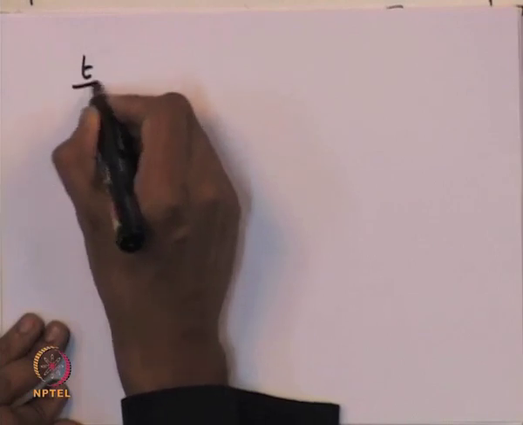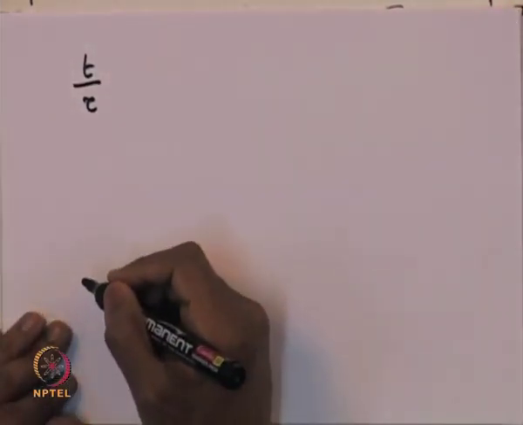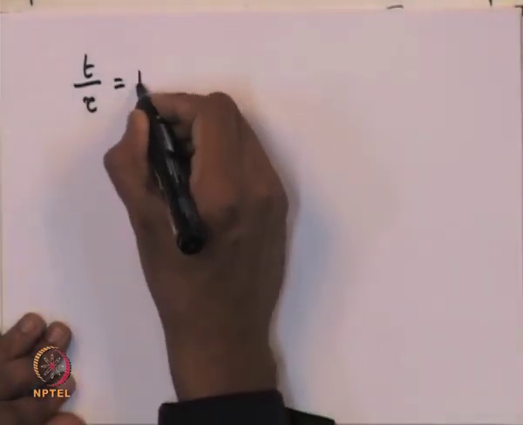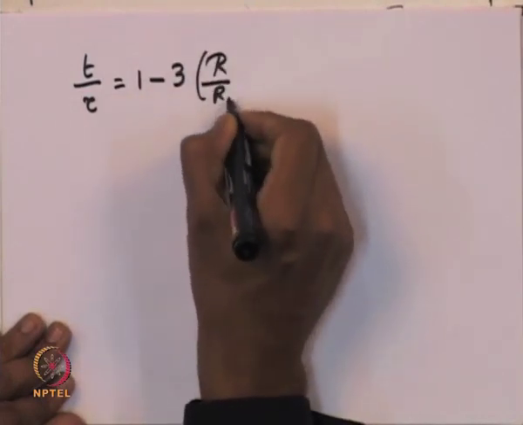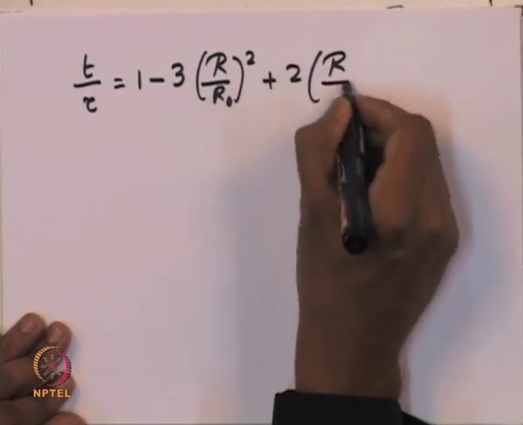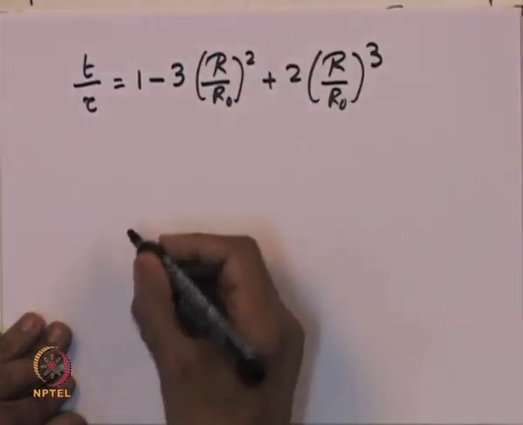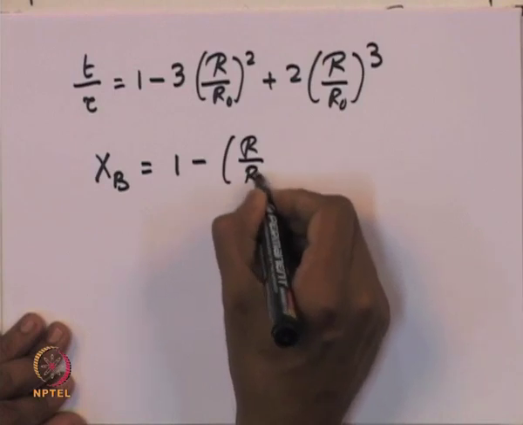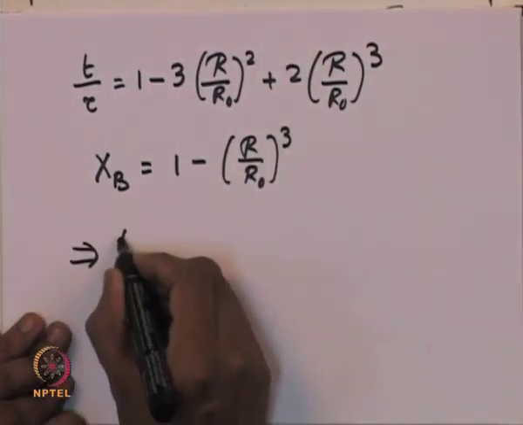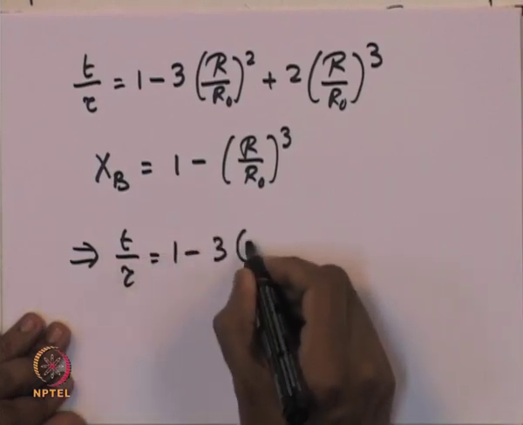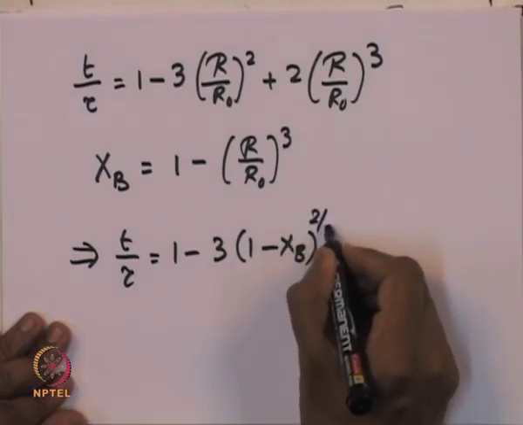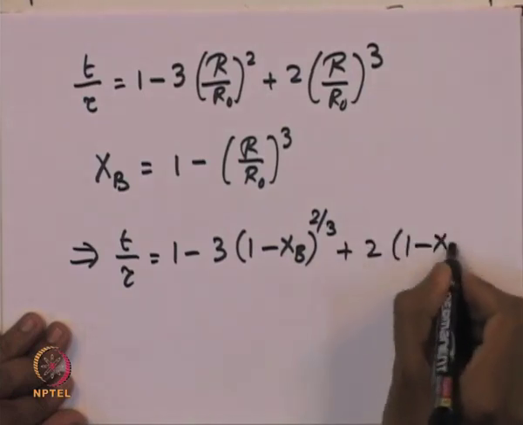So, using this expression we can find that t by tau, which is the ratio of the time taken to reach a certain radius because of this reaction divided by the time taken for complete conversion, is given by 1 minus 3 into (R by R naught) squared plus 2 into (R by R naught) cubed. Suppose we define conversion x b as before as 1 minus (R by R naught) the whole cube, then t by tau can be written as 1 minus 3 into (1 minus x b) to the power 2 by 3, where x b is the conversion of the solid present in the particle, plus 2 into (1 minus x b).